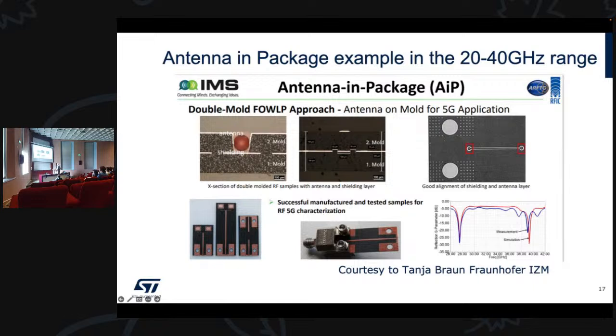So this means that the solution is somewhere in antenna in package or antenna in silicon. Antenna in silicon is not very efficient. So people are working on antenna in package. This is an example of one group which is in Europe, one of the leaders, which is the Fraunhofer ICDM.